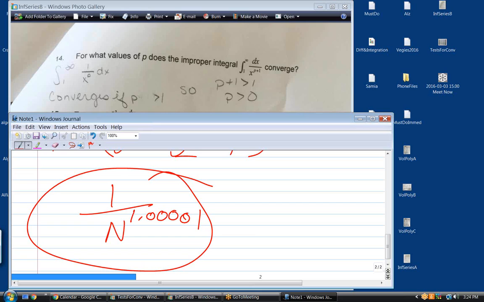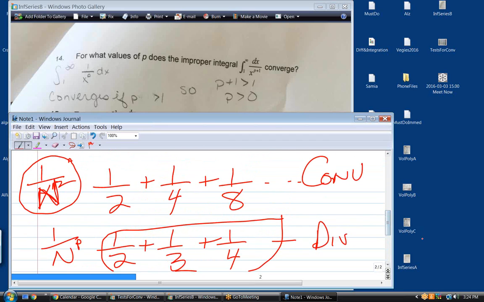But 1 over n diverges, or 1 over n to the 0.9 power diverges. So whether that exponent is greater than 1 or less than 1 makes all the difference in the world. And that's why this series converges and this one diverges, because p is greater than 1 up there.